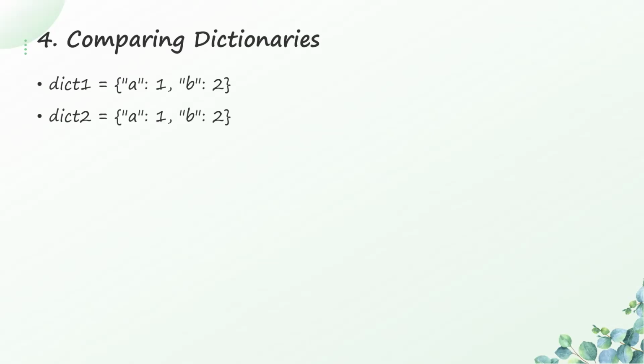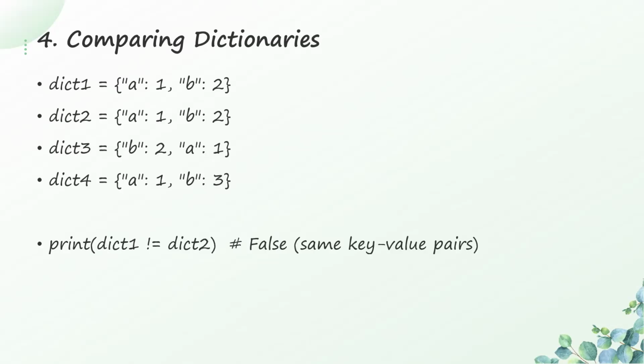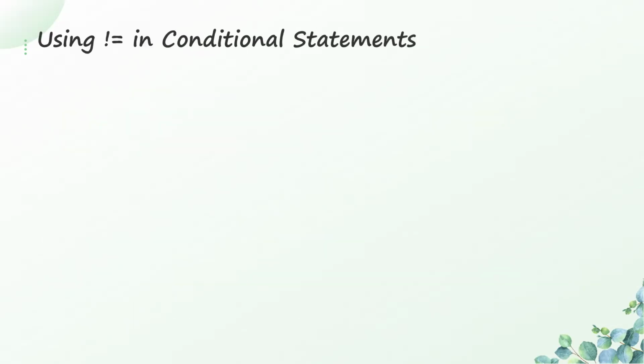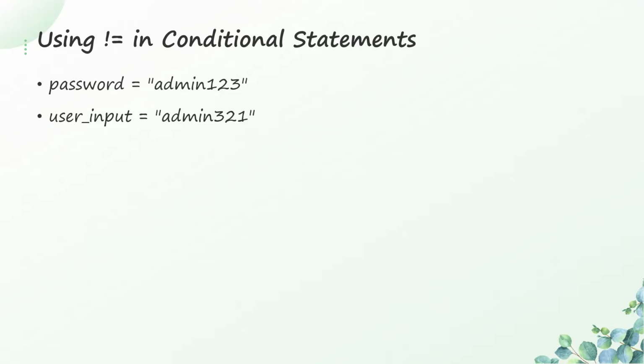There are scenarios where we actually use this not equal to operator. In a conditional statement like this, we have the password and the user input. They are not equal: admin123 is not equal to admin321.